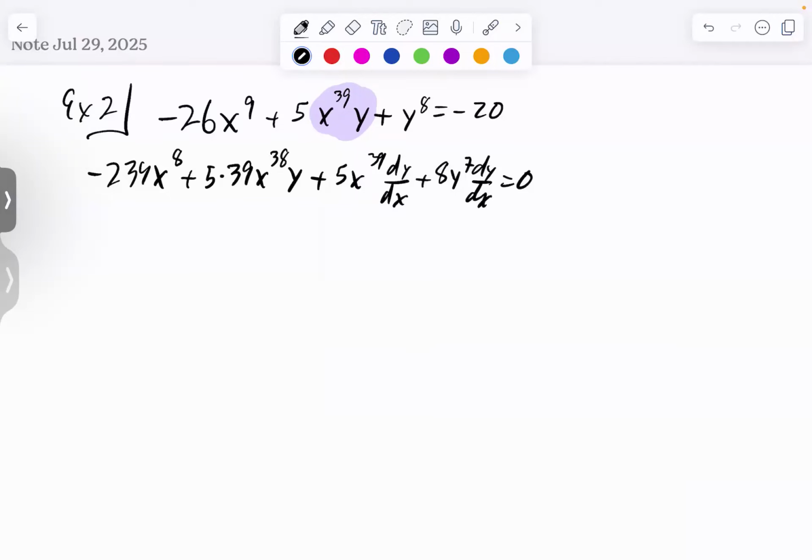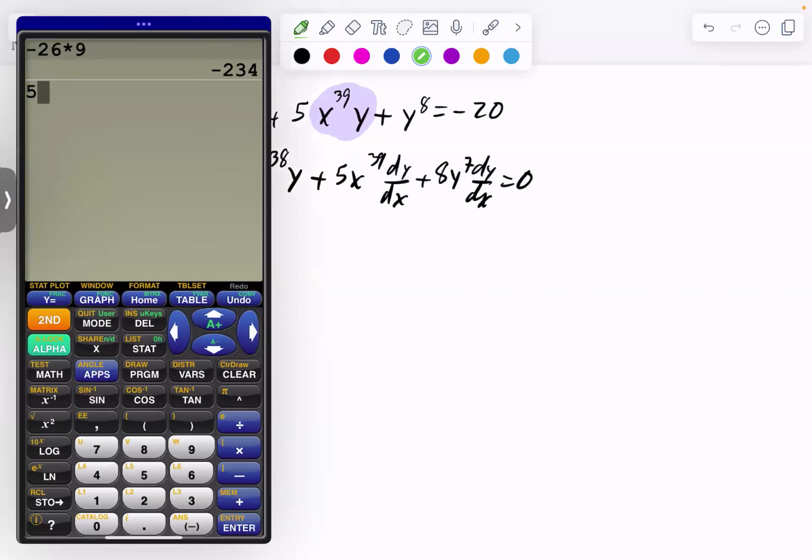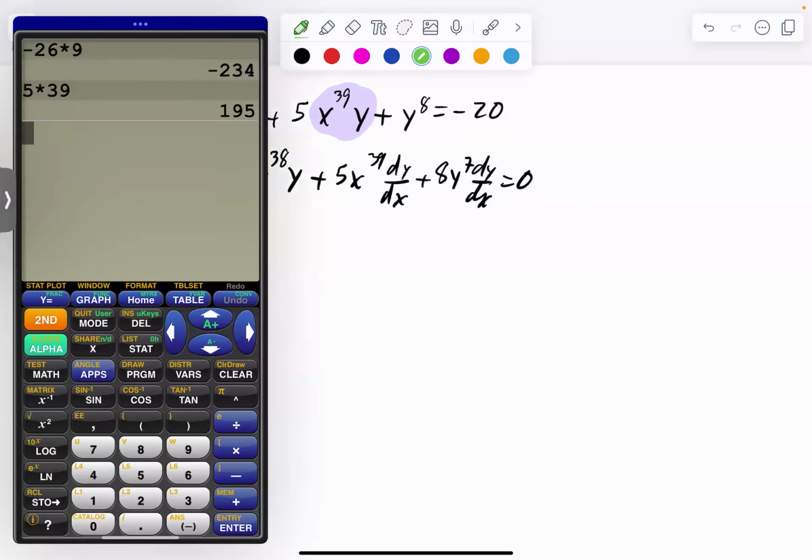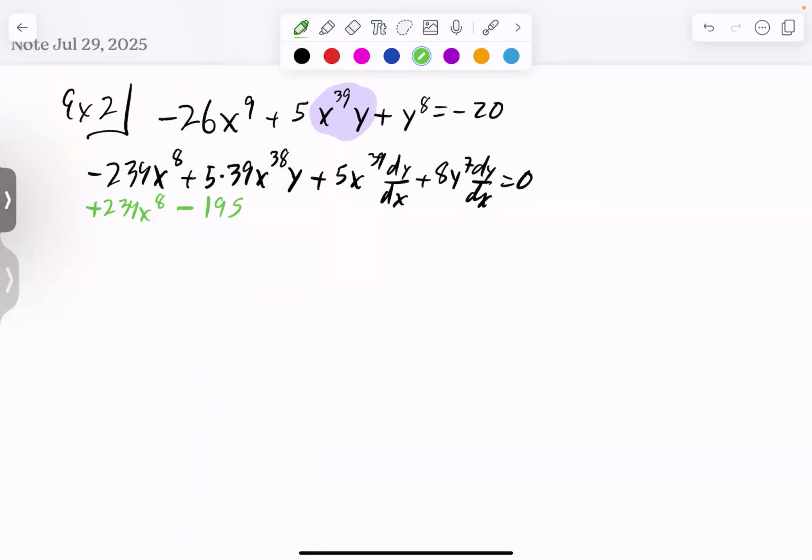All right, my goal is to get the dy dx by itself. So what I'm going to do is I'm going to move, and what is 5 times 39? 5 times 39, 195. So minus 195x to the 38th y.